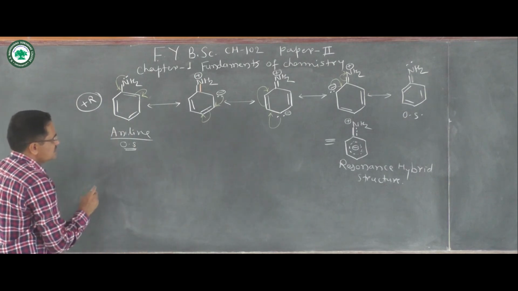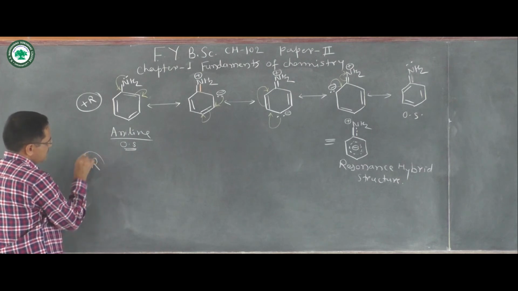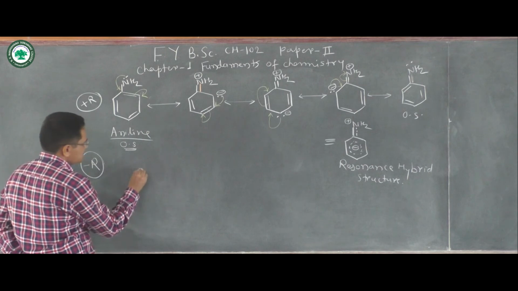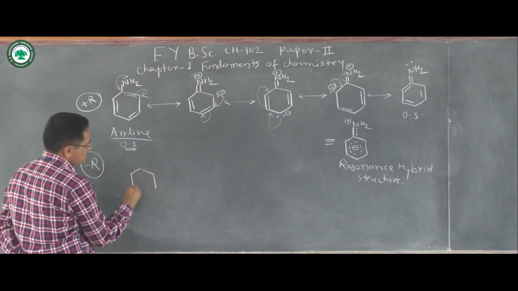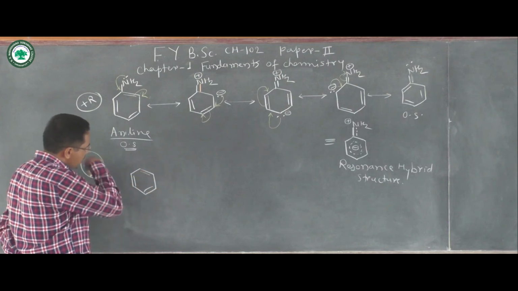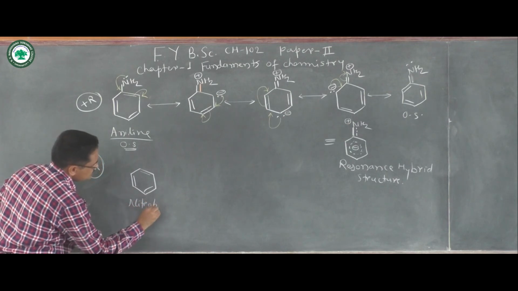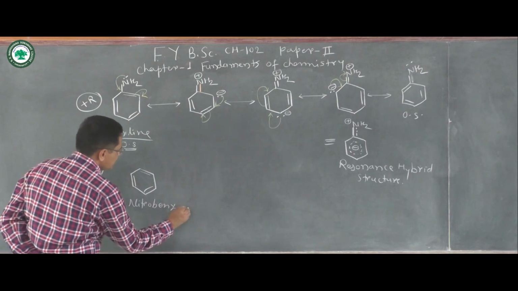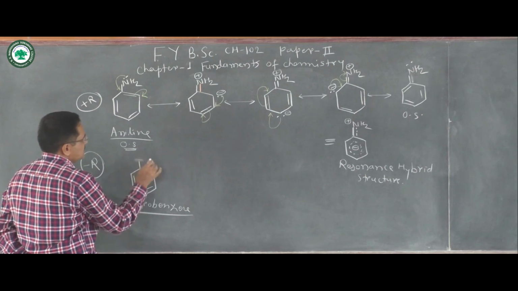Okay, now we take one example from minus R. The best example is that NO2 group is a minus R group, and nitrobenzene is the best example of this.